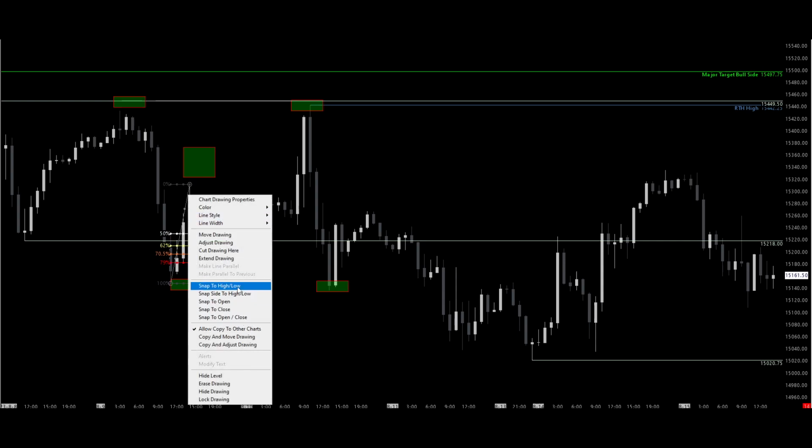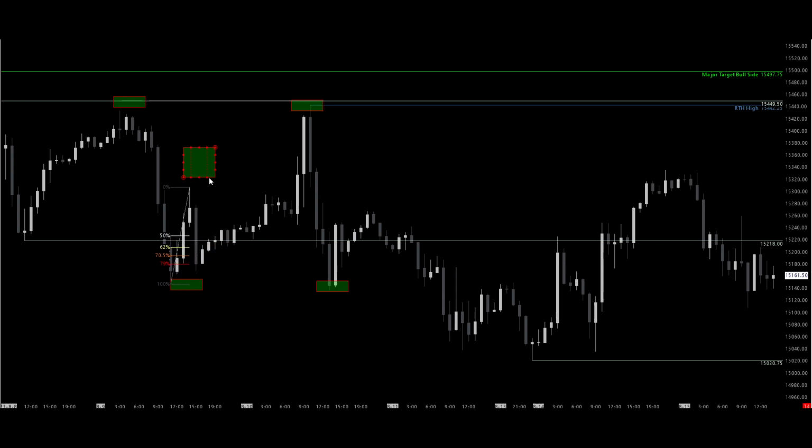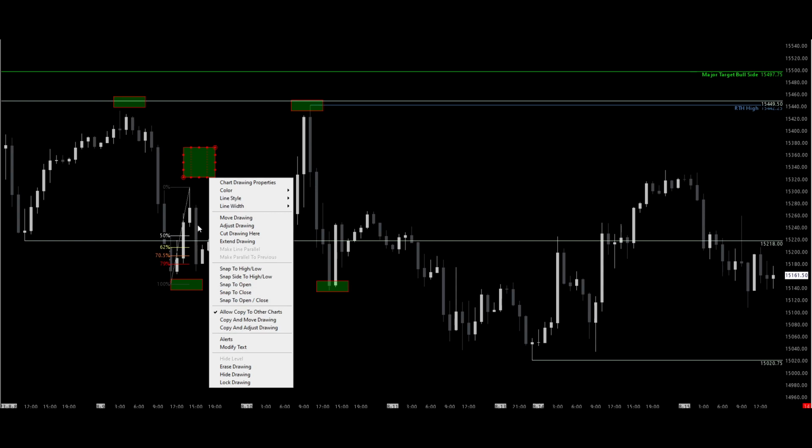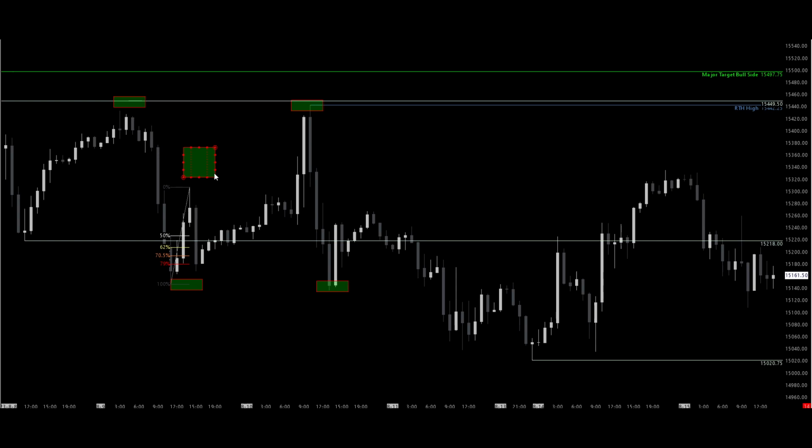As soon as this starts to pull back, I'd say, okay, what if they're going to defend this? Where's an area that would have potential? Well, somewhere in here would have potential.